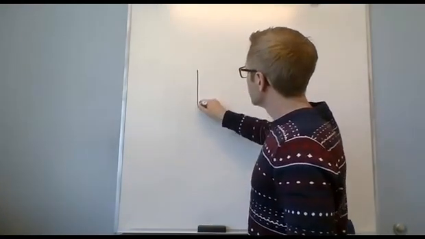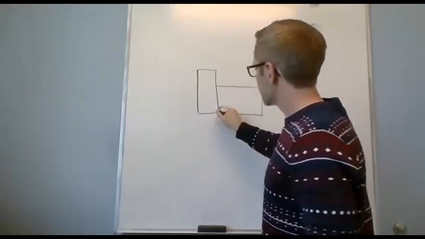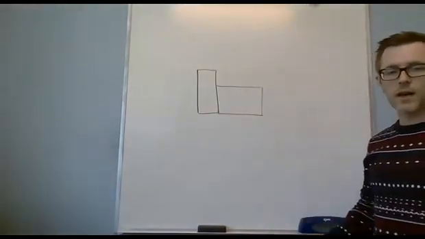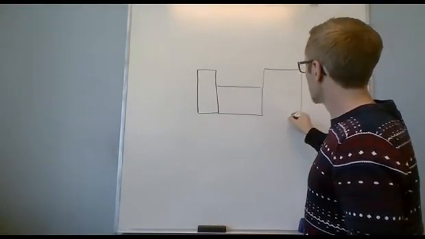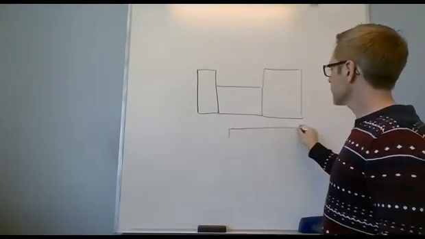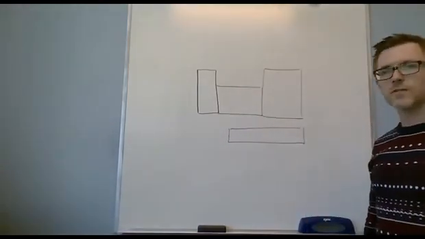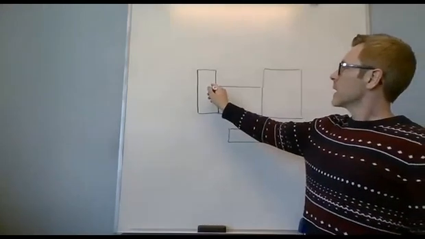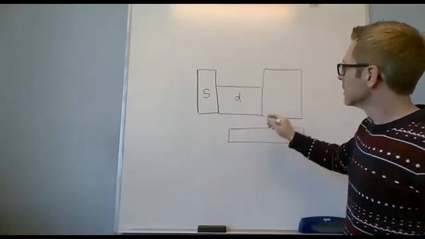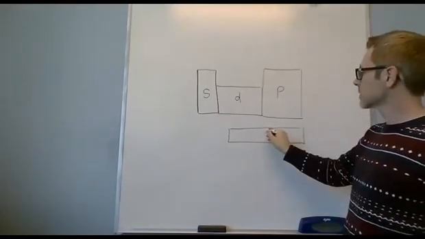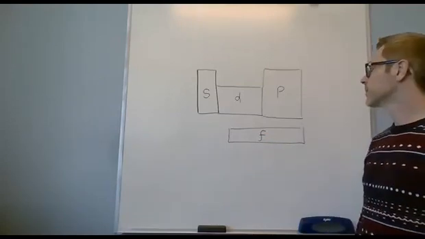If you recall from yesterday's conference or from your reading, a cartoon of the periodic table. The periodic table roughly contains 4 blocks. We have the S block on the far left, the D block in the middle, the P block on the far right, and the F block kind of shoved down at the bottom.